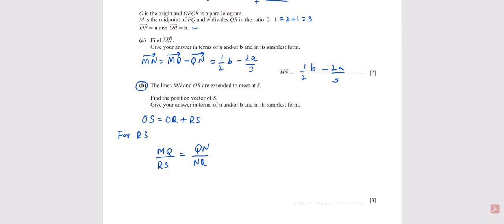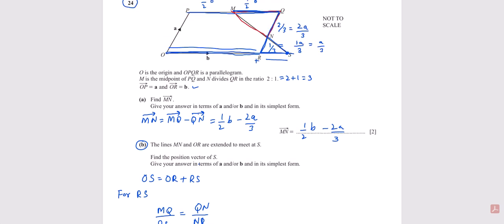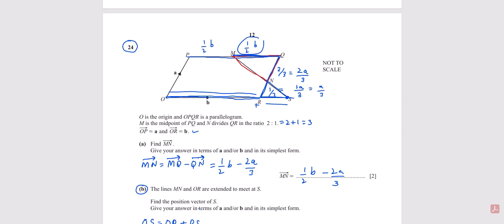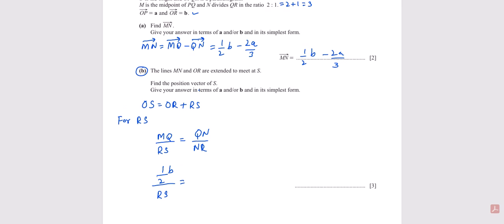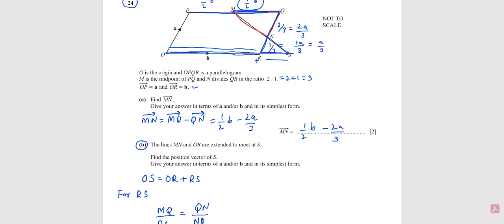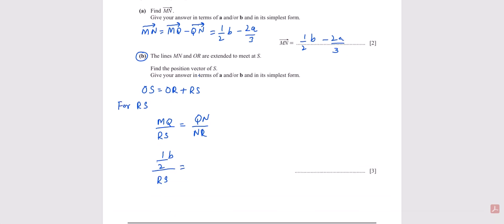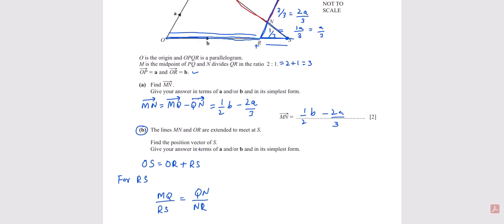Put in these values. MQ is equal to 1 by 2 B, and RS we have to find. QN is equal to 2A over 3, divided by NR. NR is A over 3.